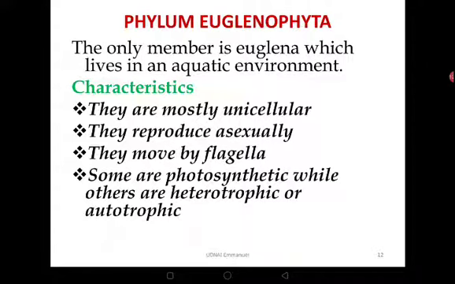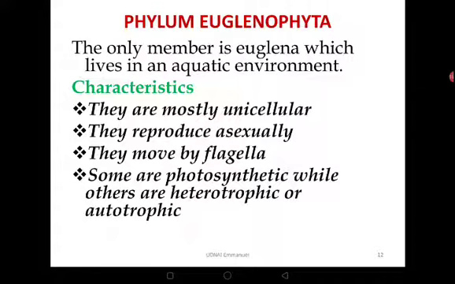We have another phylum called Euglenophyta. Euglenophyta. I hope you know the euglenas. You must have heard about the euglena. Yeah, that is the only known or existing or extant member of Euglenophyta.